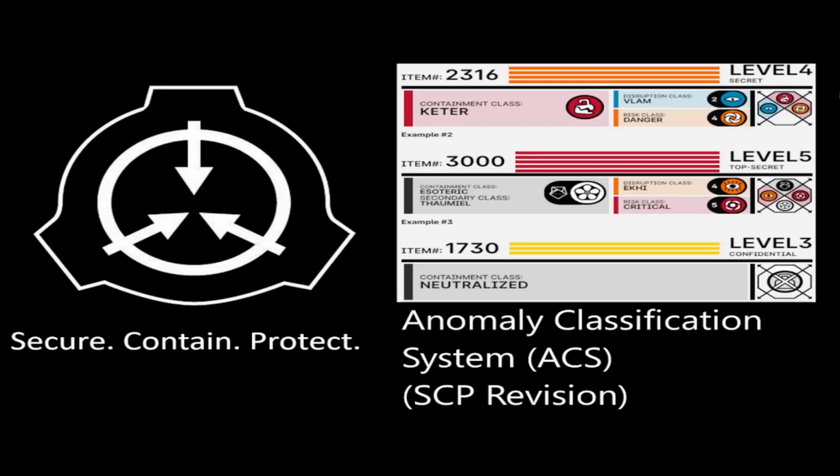Number 2. Personnel feel that attempts to obfuscate non-standard object classes is detrimental to files where they are necessary. And number 3. Personnel feel that the object class system does not identify containment priority or threats to their well-being.